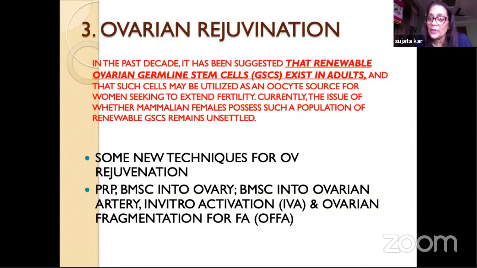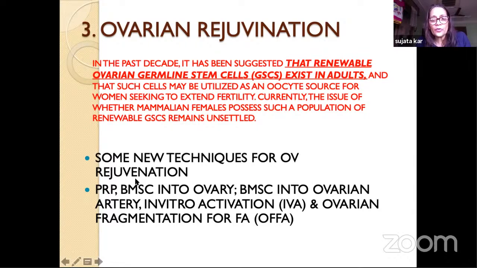This is far from reality, but yes, some research has shown that maybe we do have a fixed number of oocytes that we are born with, but there are probably hidden germ cell stem cells in the ovarian tissue, which might be made to rejuvenate much later in life.